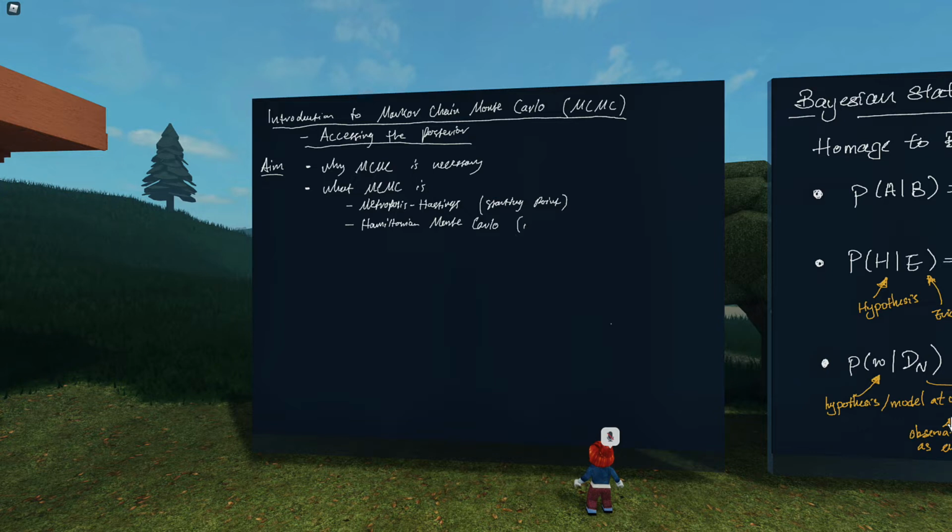So that is improved Metropolis Hastings.